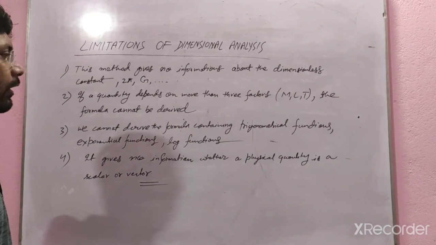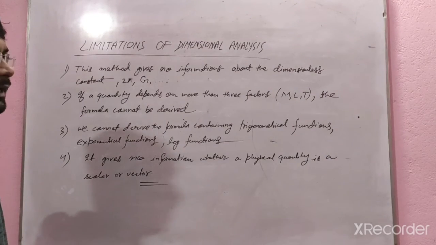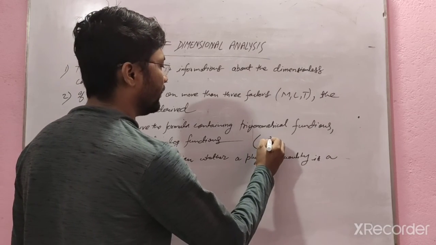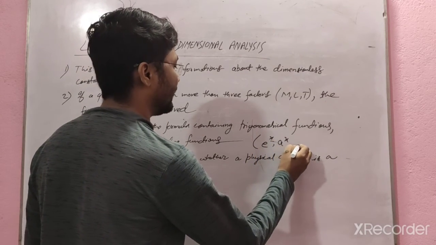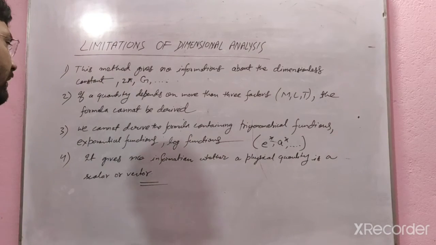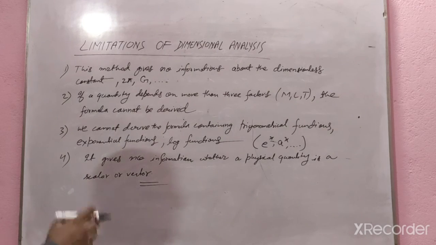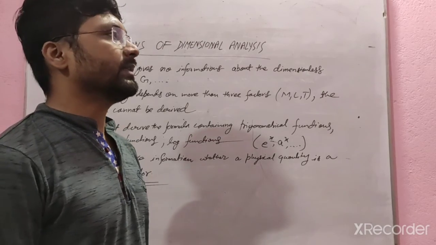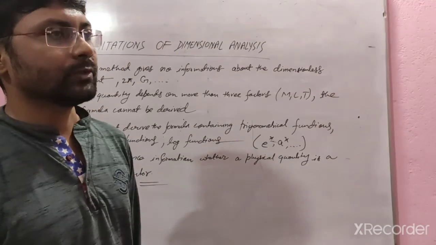We cannot derive a formula containing trigonometric functions like sine, cos, tan, or exponential functions, e to the power x, a to the power x, or logarithmic functions. And it gives no information whether the given physical quantity is a scalar or a vector. So these are the limitations of dimensional analysis. After this, we will study measurement and error. Okay, students? So get connected with me.